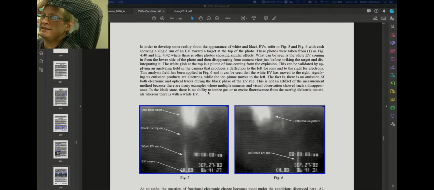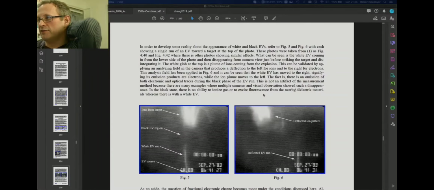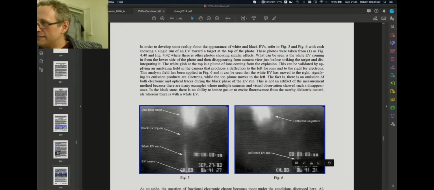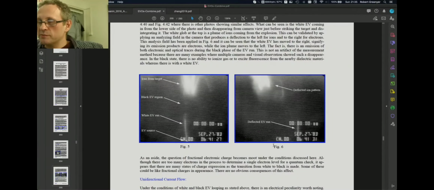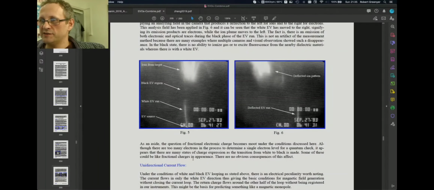There is no ability to ionize gas or to excite fluorescence from nearby dielectric materials where there is with a white EV. So he's suggesting that you actually have the plume up here and the electrons going over here, but the path of the EV is essentially going in the same direction. This is some of his sort of approach to confirming the neutral nature that EVs can have.